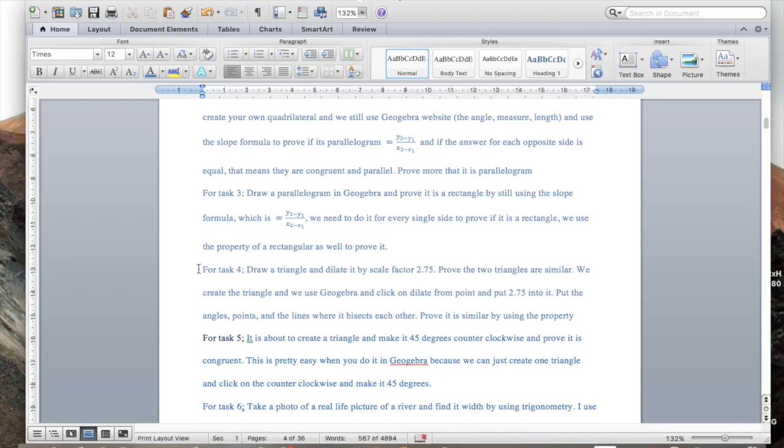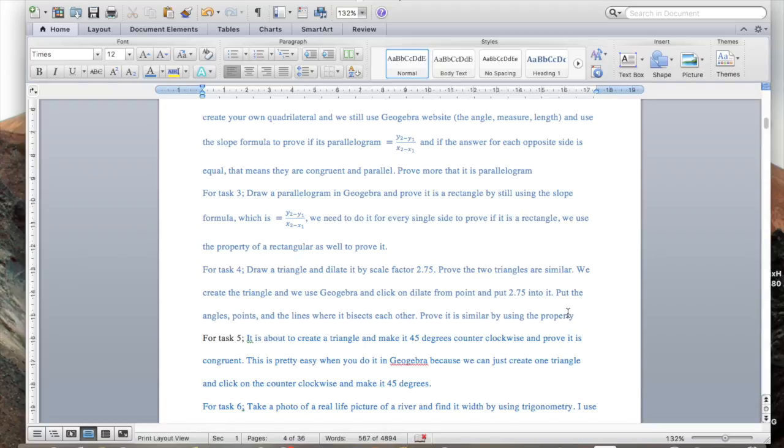And for task 4, we need to draw a triangle and dilate it by scale factor 2.75. To do it, we create the triangle in GeoGebra and click on dilate from point and put 2.75 into it.